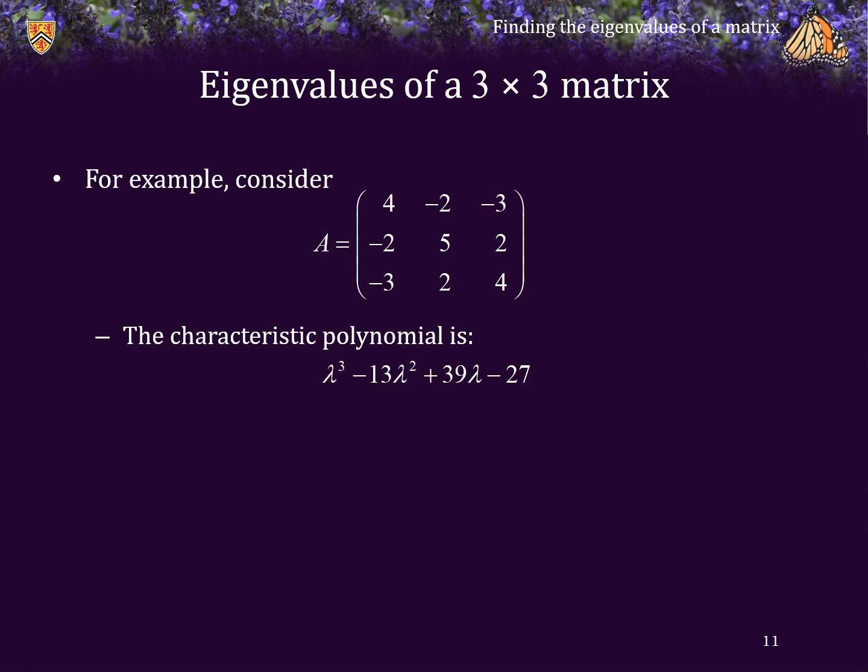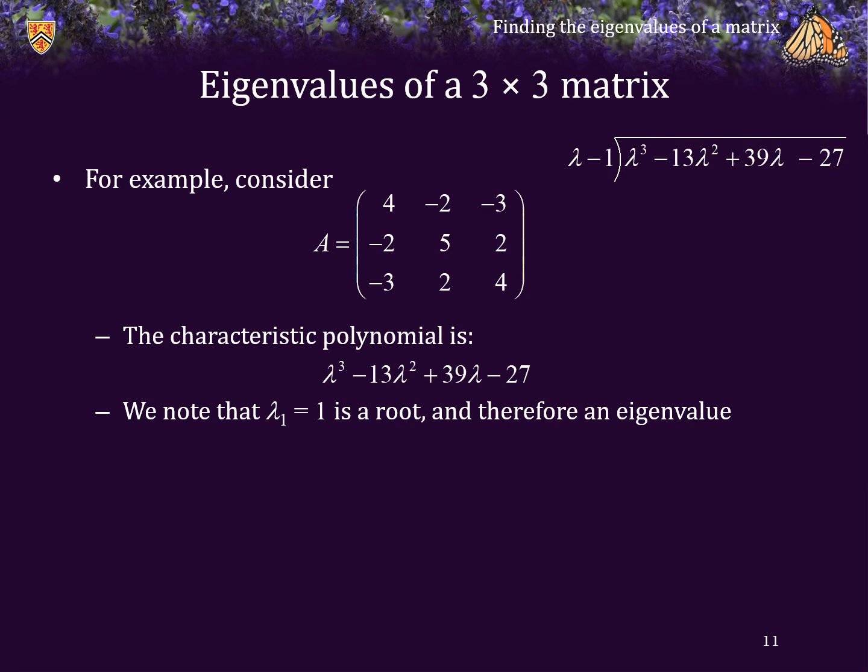Therefore, lambda equals 1 is a root and therefore an eigenvalue. Let's use long division to factor out that root. So here we're going to do polynomial long division, dividing out the linear monic polynomial lambda minus 1.